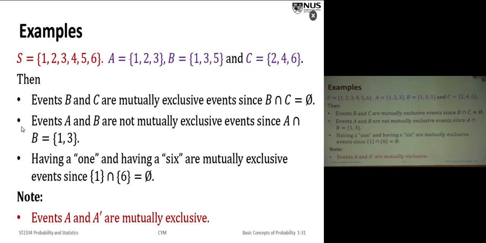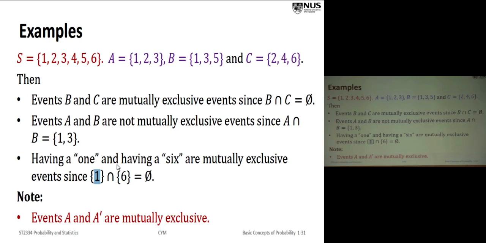But if you look at the events A and B, their intersection is the set 1 and 3, because I have the 1 here and a 3 here. So they're obviously not mutually exclusive, because their intersection is non-empty. Now 1 and 6: if you take these sample points, these elementary events, that's a set which only contains 1 and a set which only contains 6.